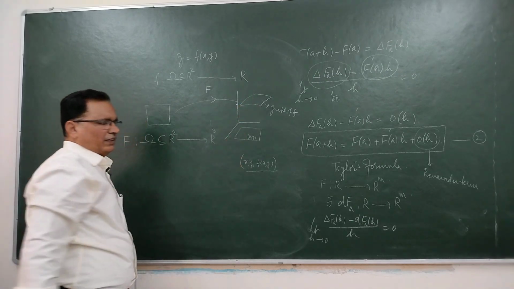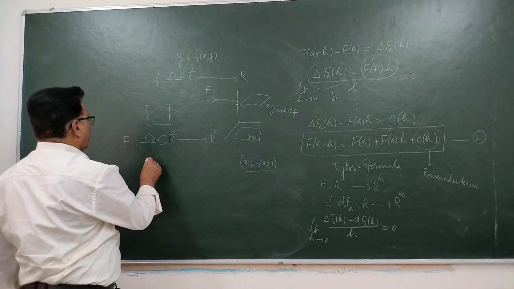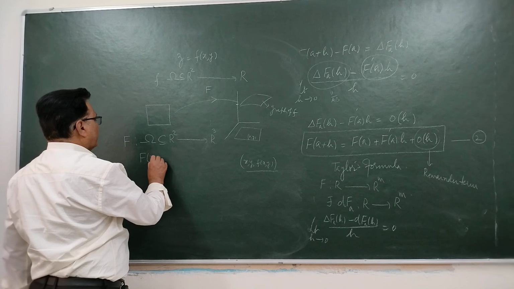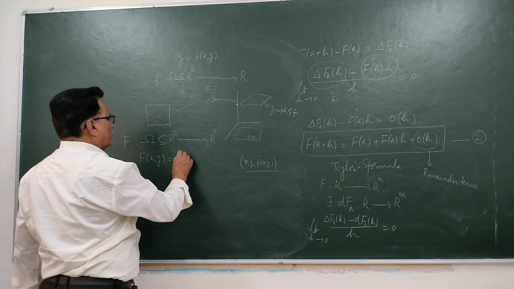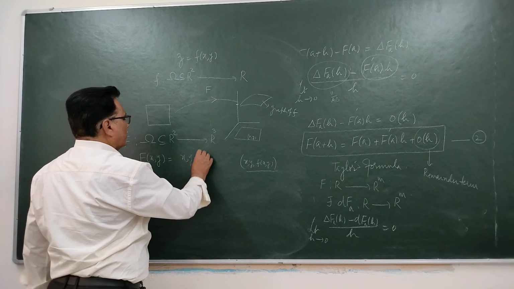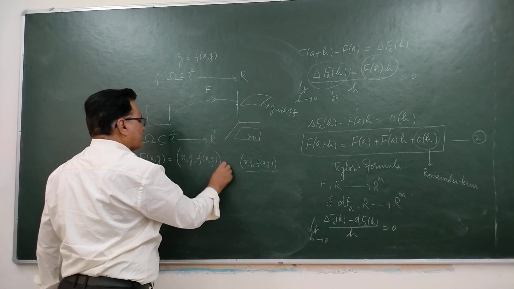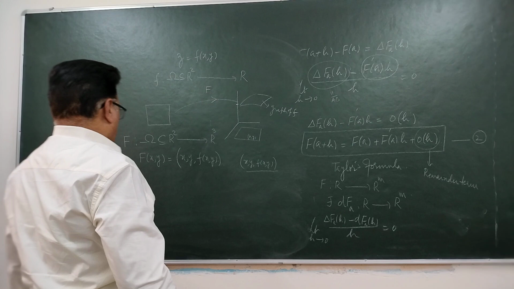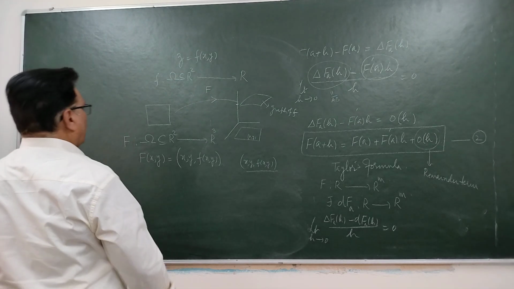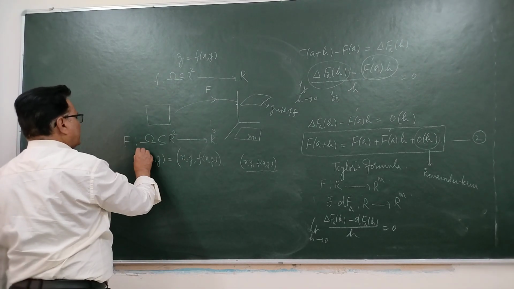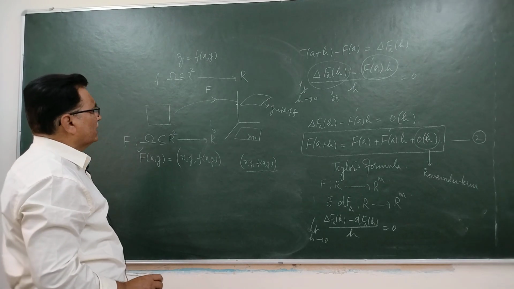The surface is sitting in R3. How does it map? It maps like this: F(x,y) = (x, y, f(x,y)).